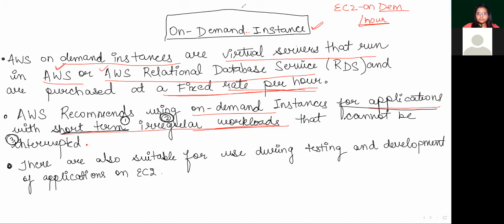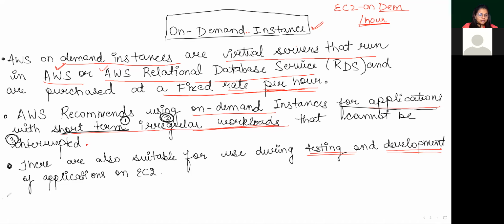So whenever you want to test any application or develop that application, we do web testing, we do web development, all these things can be done using an EC2 on demand instance.